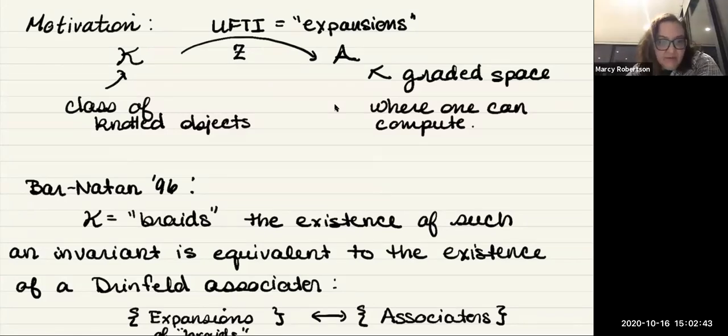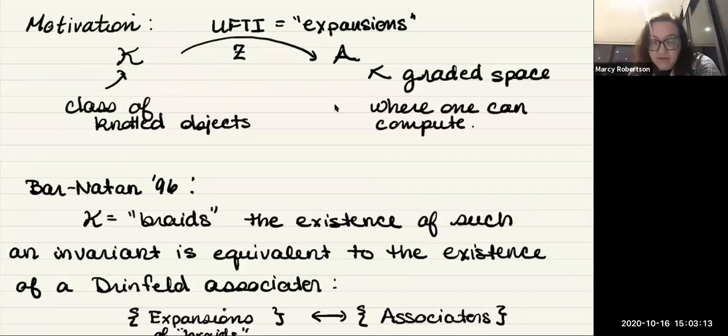A couple of these happen to have implications in quantum algebra. One example of that, from Bar-Natan in '96, is that if your knotted objects are braids, and they're in quotes because I actually mean parenthesized braids, but we're not really going to talk about them, so I'm just putting them in quotes, braids standing in for regular knots, the existence of such an invariant is equivalent to the existence of a Drinfeld associator.